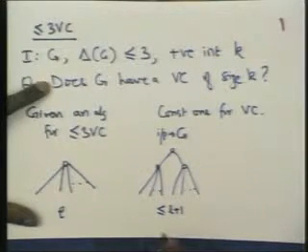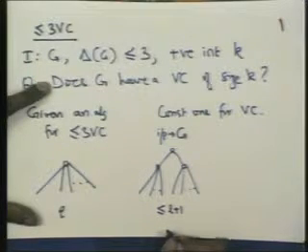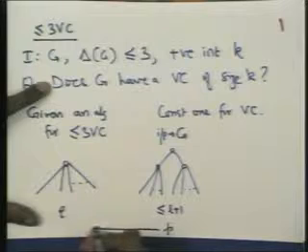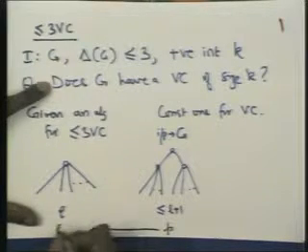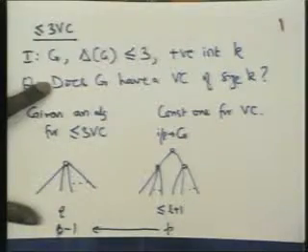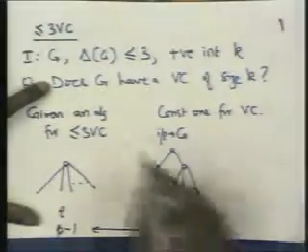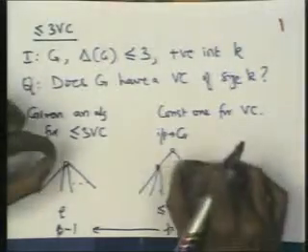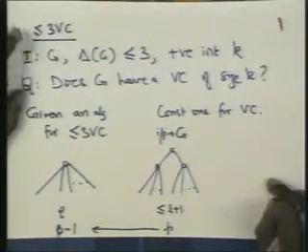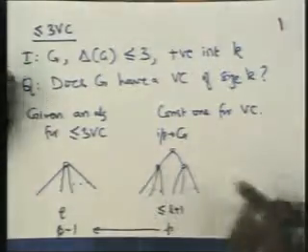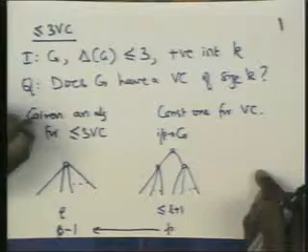And if this has a vertex cover of size P, then this has a vertex cover of size less than or equal to P minus 1. So this is the effect of splitting a vertex into these 2 parts. The vertex cover goes up by only 1 while we have reduced the degree of this vertex.